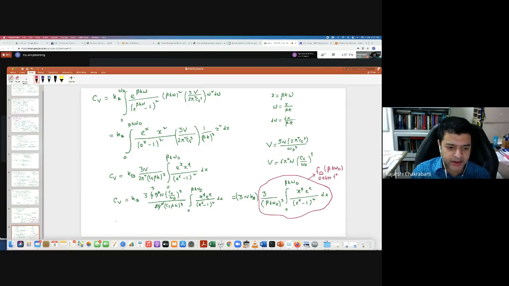So essentially I'm going to write that CV is equal to 3n kb into fd of theta d by t, where theta d, again you know what this is? This is called the Debye temperature.